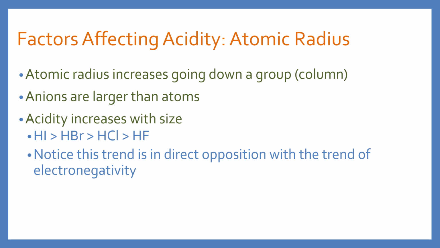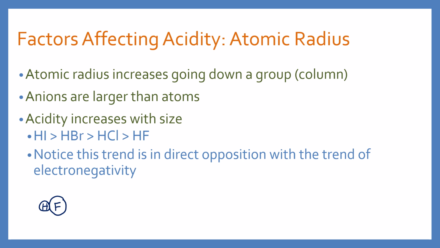So you may be wondering why acidity increases with size. Let's draw some images here. If we are looking at hydrofluoric acid, we have a teeny tiny hydrogen atom, and we have fluorine, which is bigger, but not a lot bigger because fluorine is still a pretty small element.